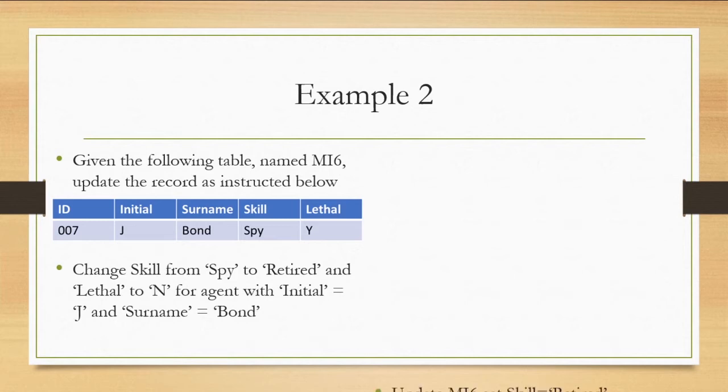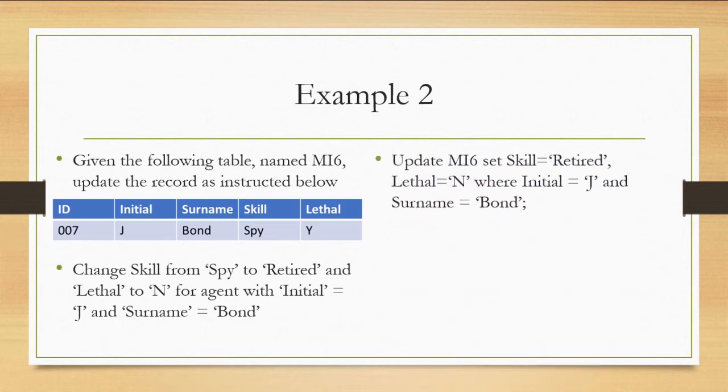Let's look at the answer. Update MI6 set skill equals retired, lethal equals N, where initial equals J and surname equals Bond. So please note retired, N, J and Bond is set in single quotation marks.